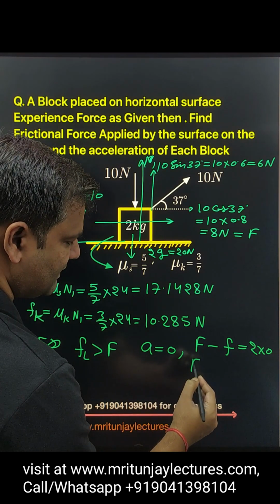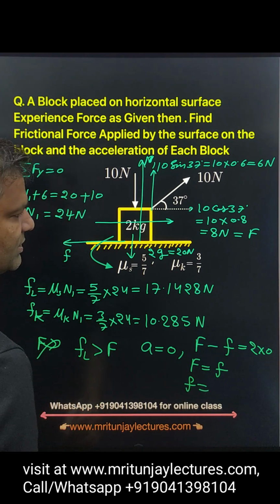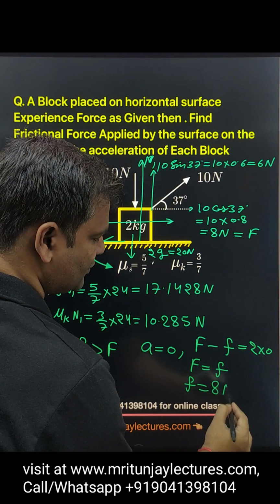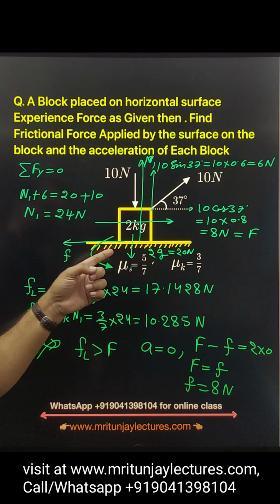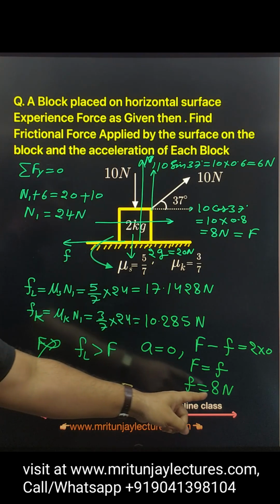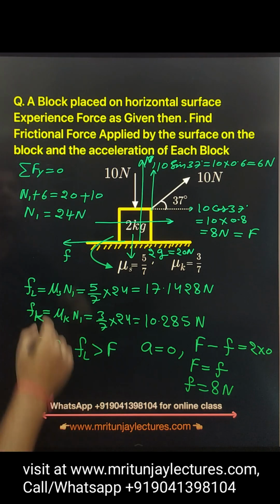So you can say that capital F is equal to small f, which means f is 8 Newton. So the frictional force developed between the block and the plane is 8 Newton, and that frictional force is called static frictional force.